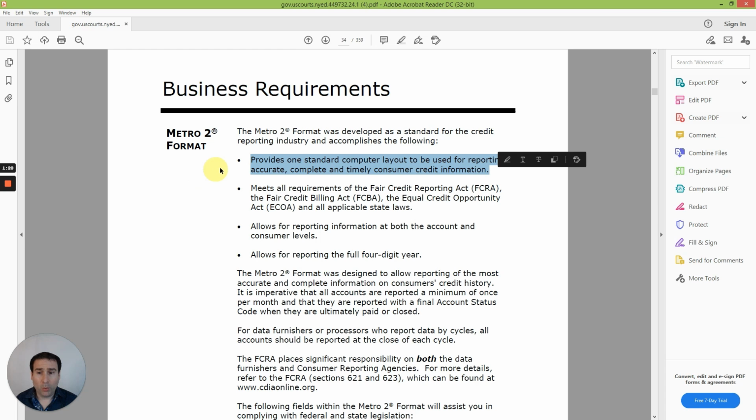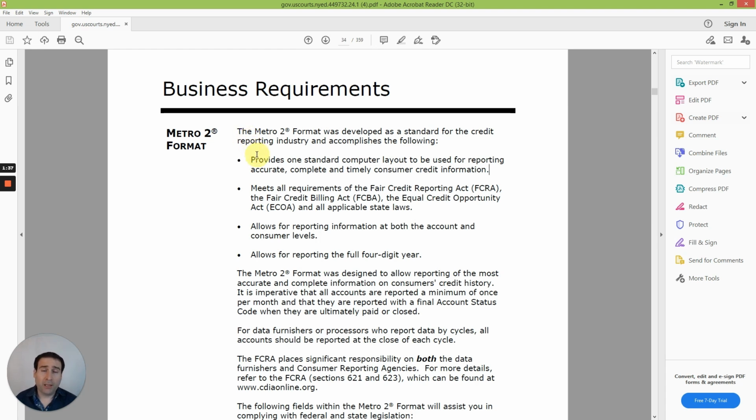What does this mean? Well, what this means is that when the data furnisher, let's just hypothetically say Capital One, puts the credit data in their computer and they hit submit, the identical information is submitted to all of the bureaus.